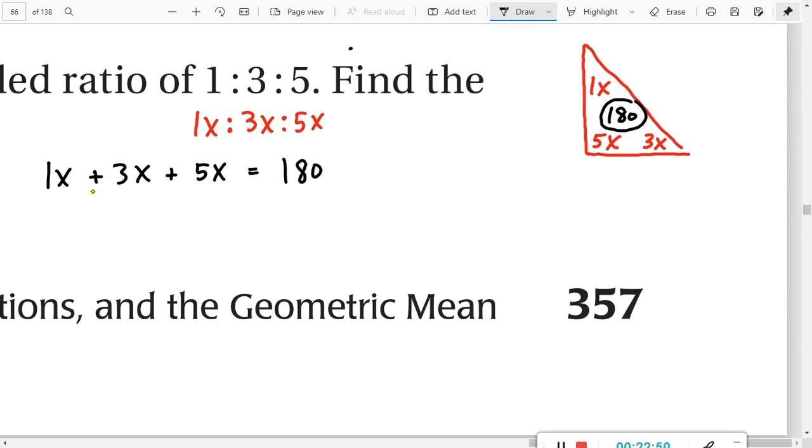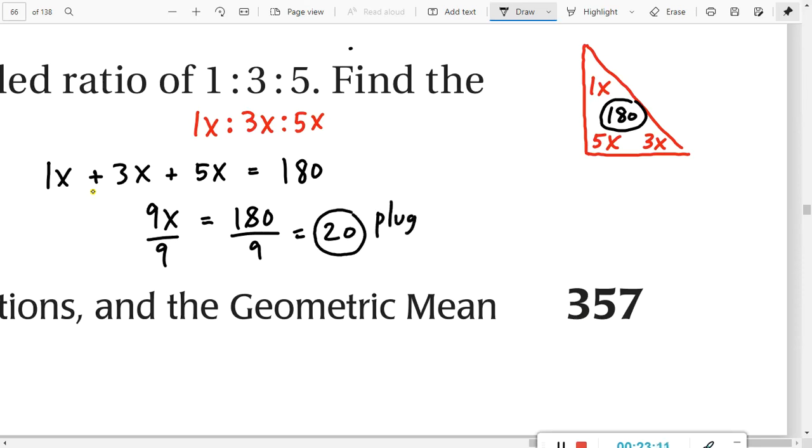Okay, adding these 3, that's going to be 9x. Equals 180, and dividing both sides by 9, x is 20.